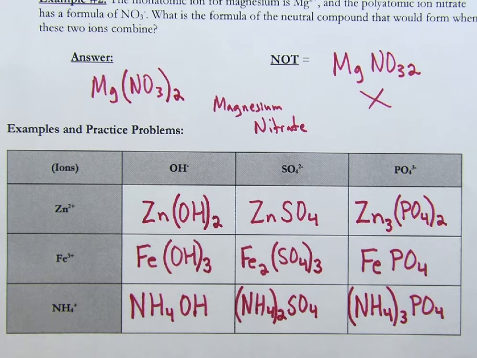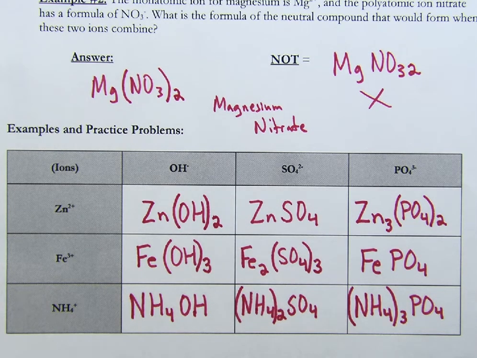So this has been practice forming neutral compounds with polyatomic ions, a little bit of naming with polyatomic ions, and it has also been a whole lot of nomenclature, which is naming.